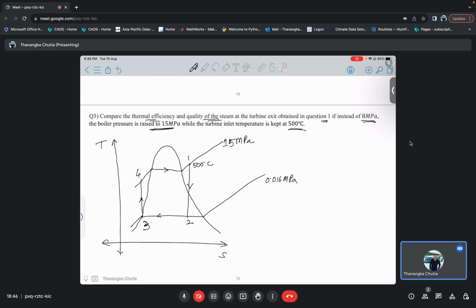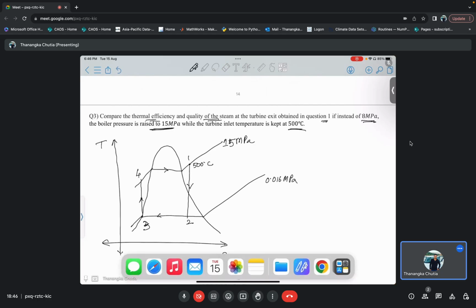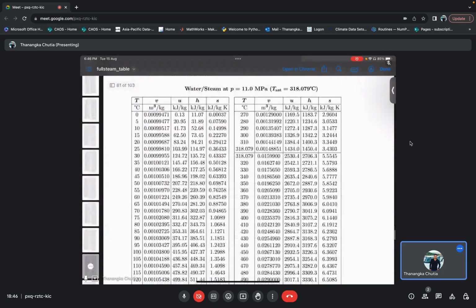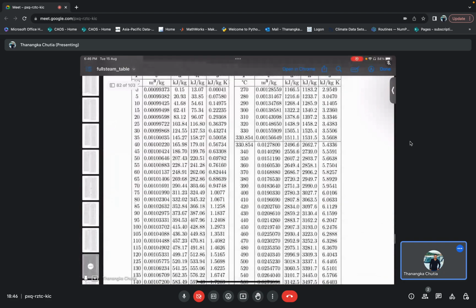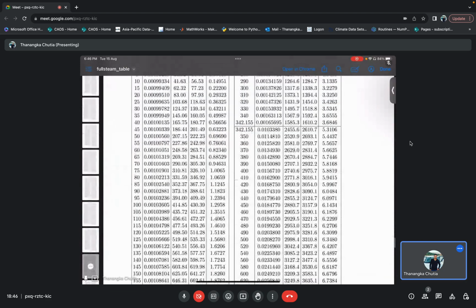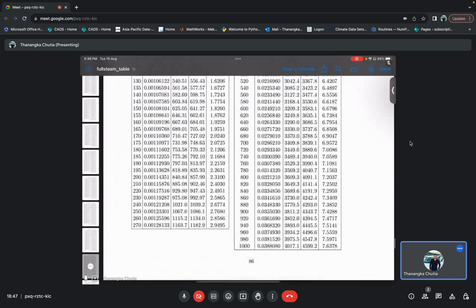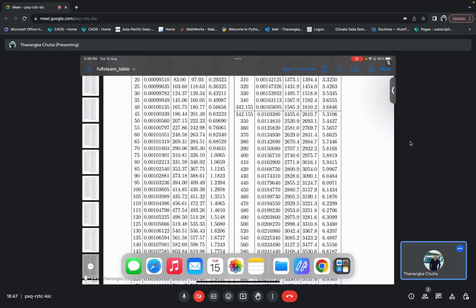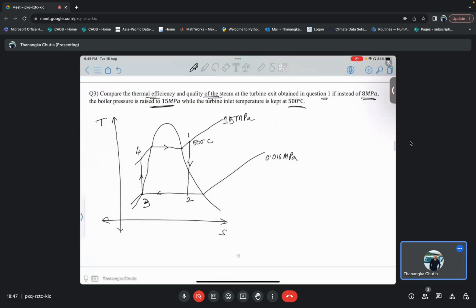Again, at 15 megapascal we will now check what my T saturation is. So at 15 megapascal my T saturation is 342 degrees Celsius, okay. So at 15 megapascal T saturation is equal to 342 degrees Celsius.